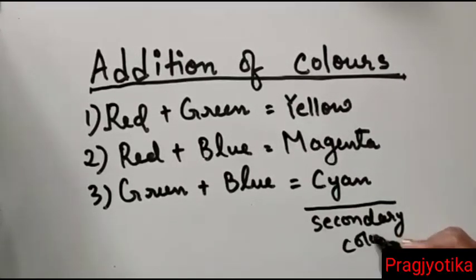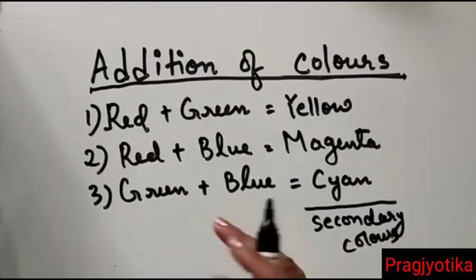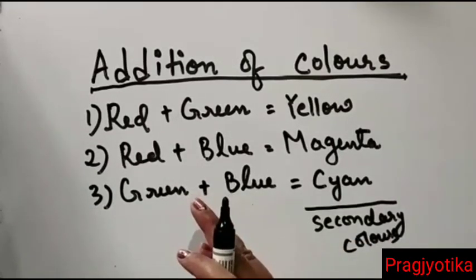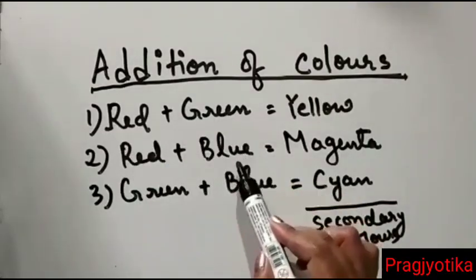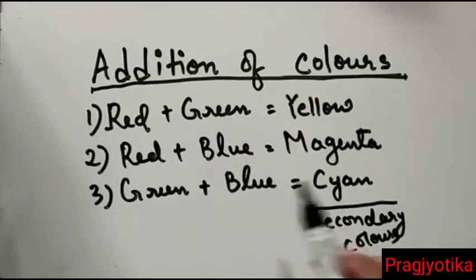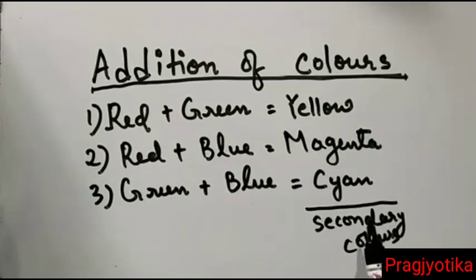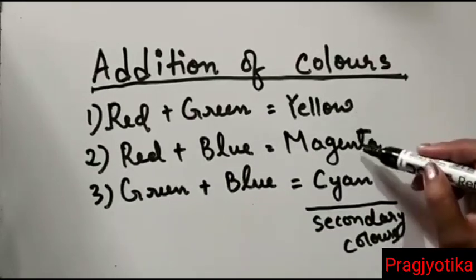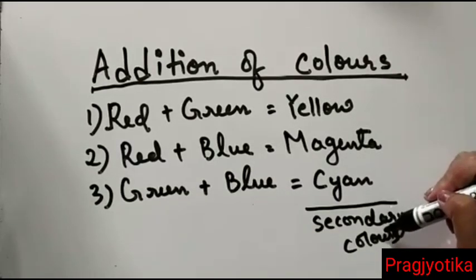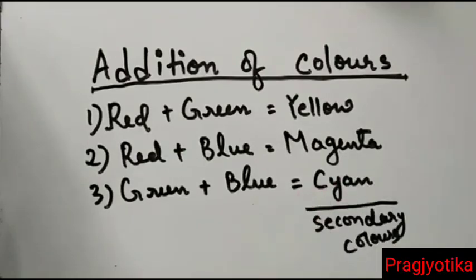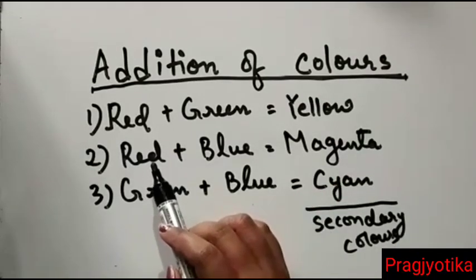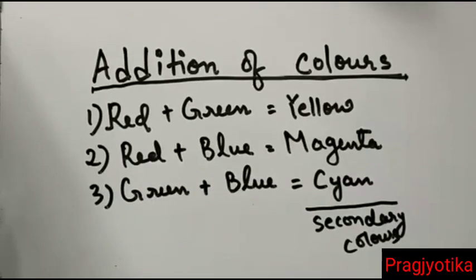Where primary colors means red, green, blue, and secondary colors are those colors that are formed by addition of different colors. So yellow, magenta, cyan, they are secondary colors because they are formed by addition of primary colors.